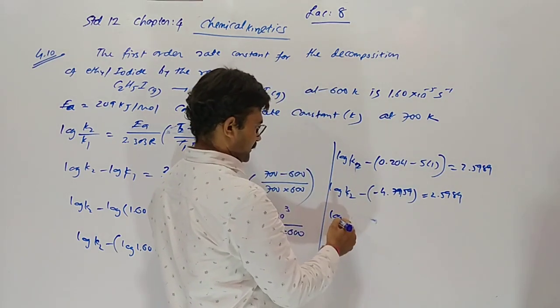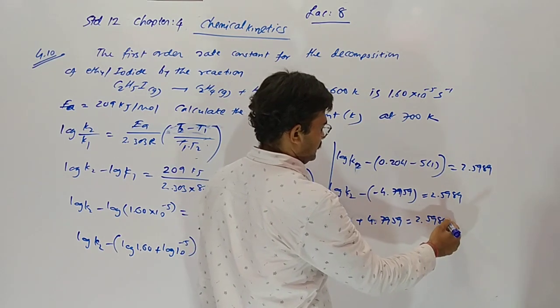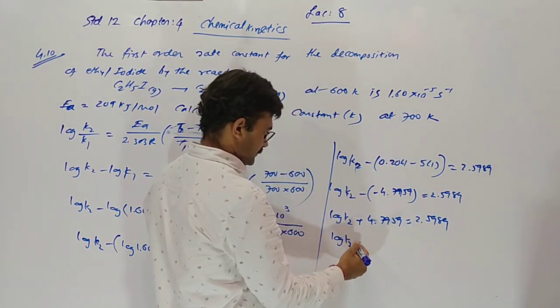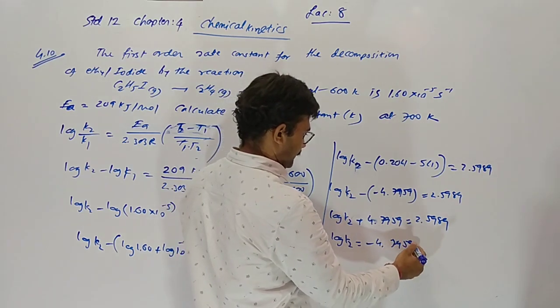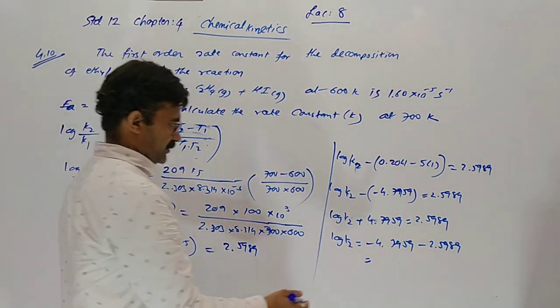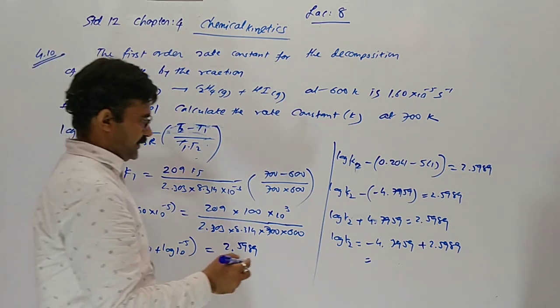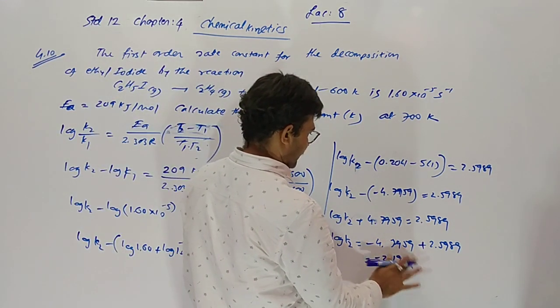So minus minus plus. On the other side, minus 4.7959 plus 2.5989, which gives minus 2.197.